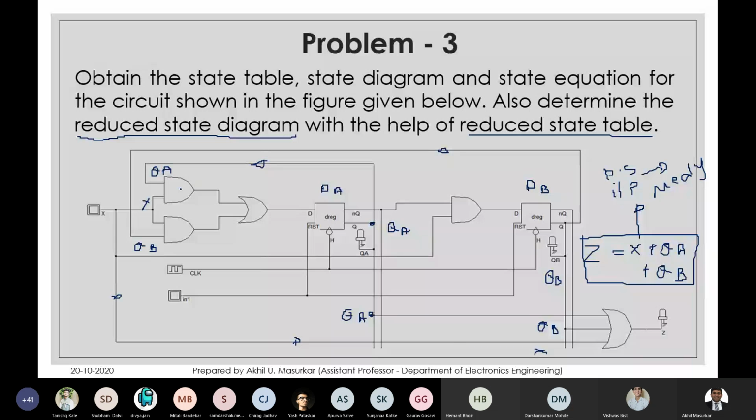Here this is AND, so X dot QA and X dot QB. And obviously here this will be the sum of all this. So you can write here: DA is equal to XQA plus XQB.